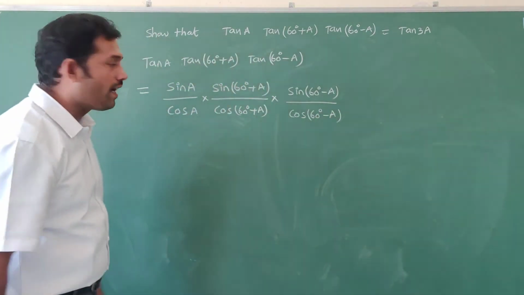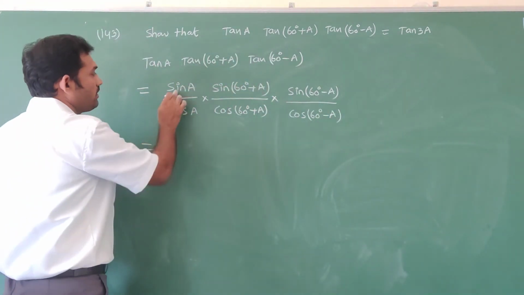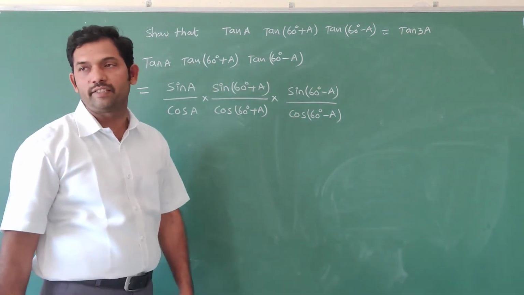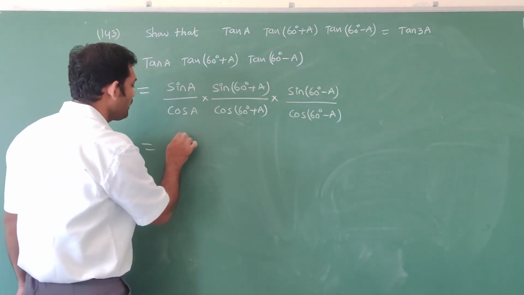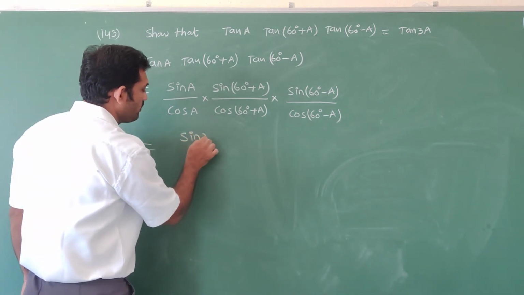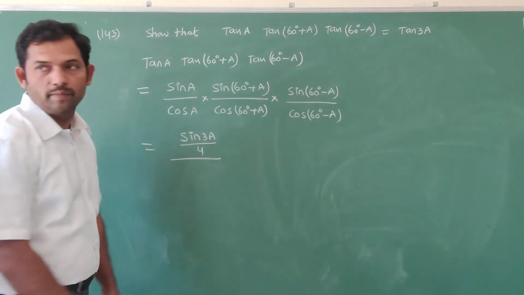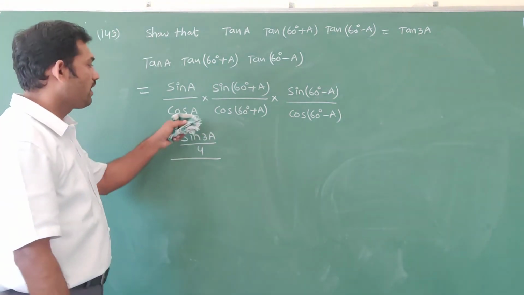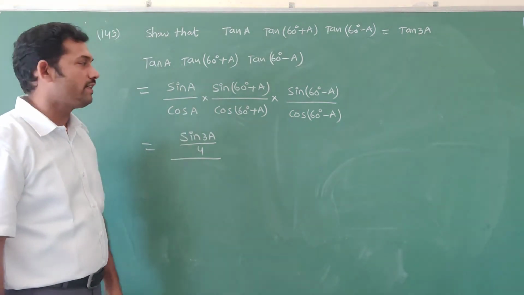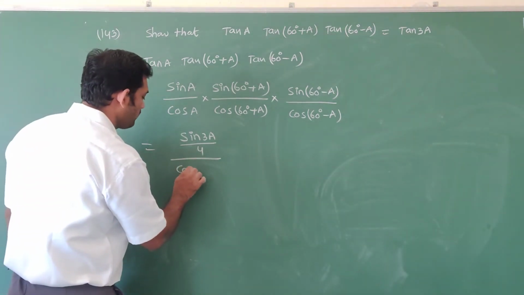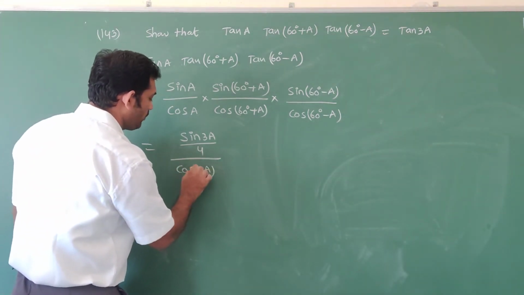Now we know these formulas already: sin A sin(60 degrees plus A) sin(60 degrees minus A). What is that formula? Sin 3A divided by 4, whole divided by, again, cos A cos(60 degrees plus A) cos(60 degrees minus A). What is that formula? Cos 3A by 4.